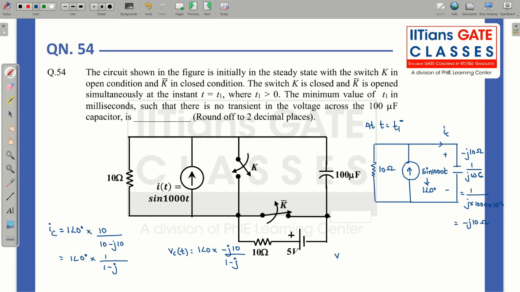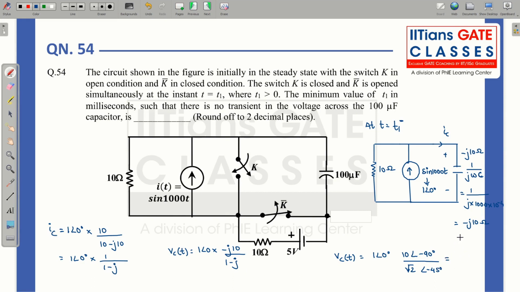Let us solve it a little bit. This will be 1 angle of 0 degree and 10 angle of minus 90 degree divided by 1 minus j, whose magnitude is root 2 and phase is minus 45 degrees.